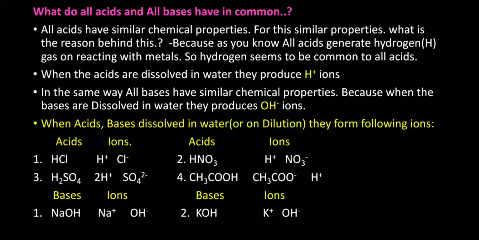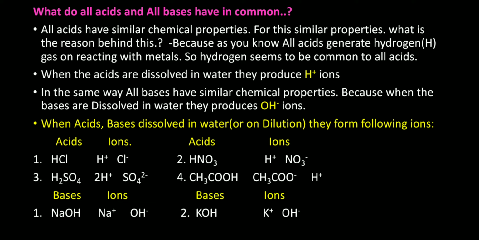As we know, acids dissolved in water produce H+ ions, and bases dissolved in water produce OH- ions. These H+ and OH- ions are common in the acids and the bases respectively.